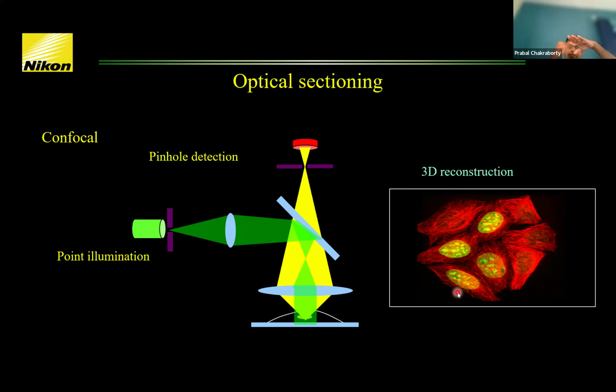So I can collect layer by layer, and after all the layers are complete, we can combine the information with software for 3D volume view or 3D reconstruction, sometimes also called volume rendering. That gives you an idea of how the molecules are distributed inside the 3D volume of the sample.